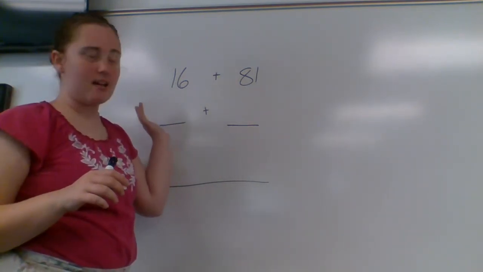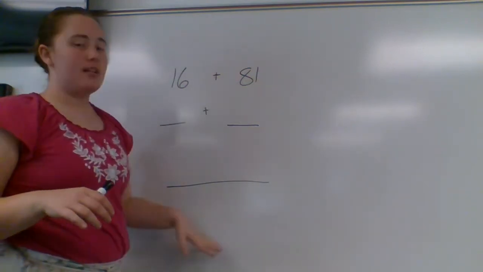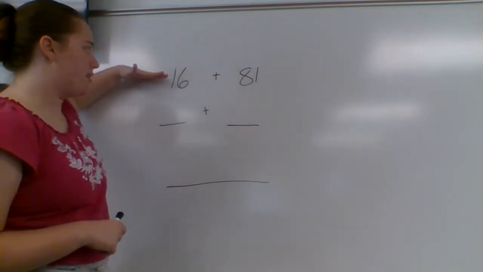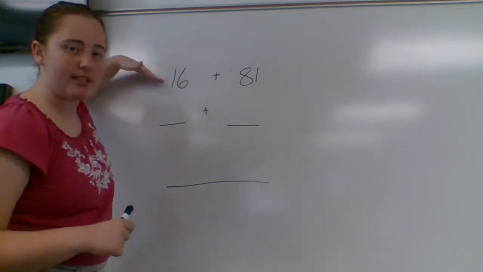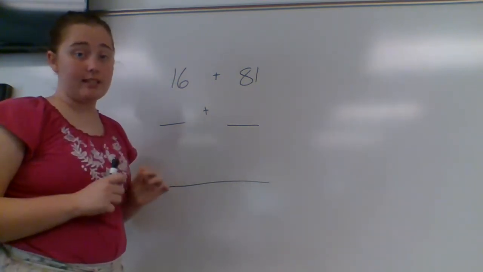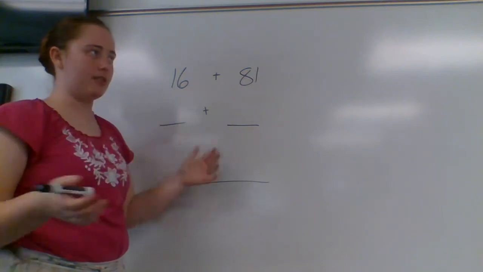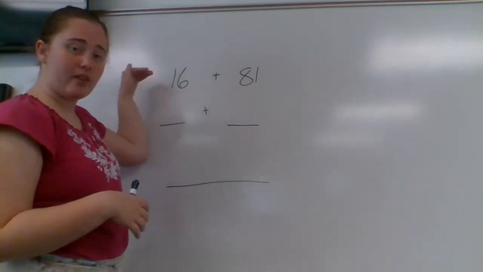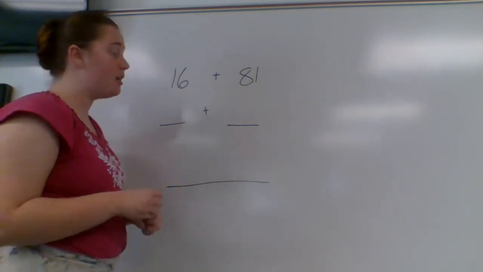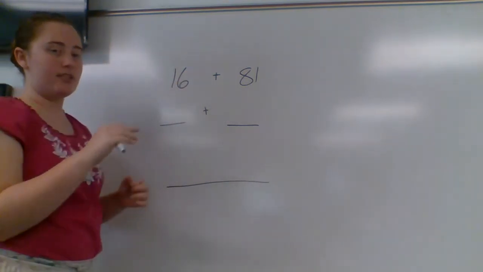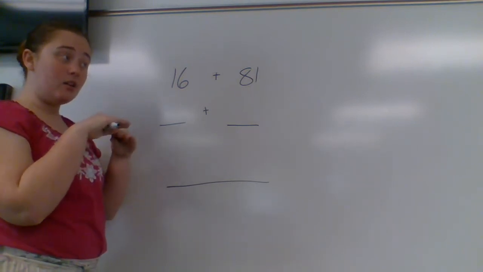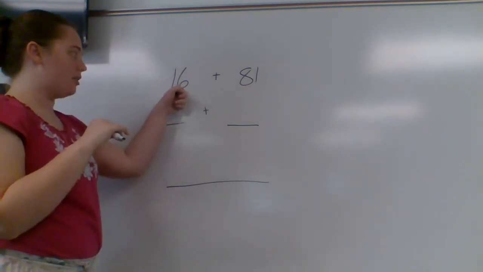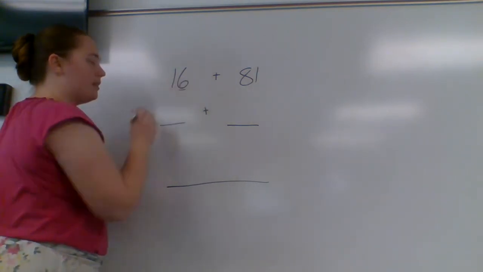This is letter A. The way that they want us to do this is they want us to take this number right here, this first number 16, and round it to the nearest 10. If it was 480, they would want us to round it to the nearest 100, but right here they want us to round this to the nearest 10. So 16 rounded to the nearest 10 is either going to be closer to 10 or 20. I'm going to look at my ones place right here. 6.